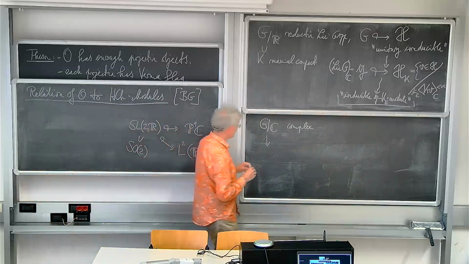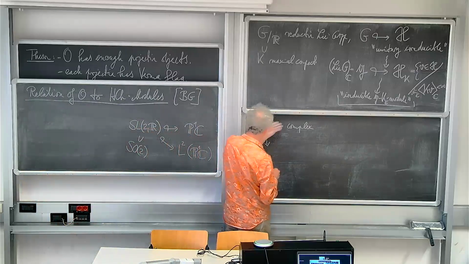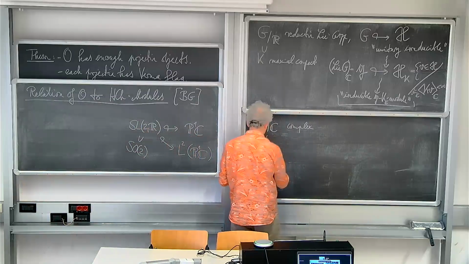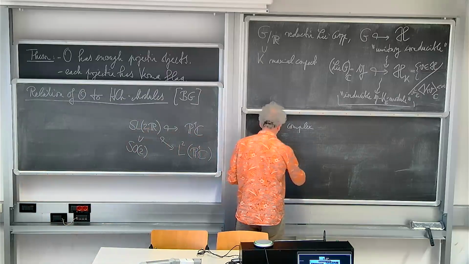Then the maximal compact is just a compact real form of this thing, yeah? So K is a compact form.